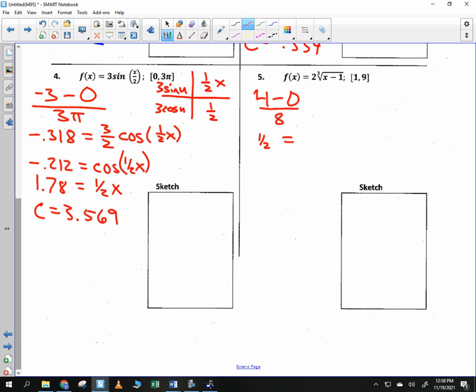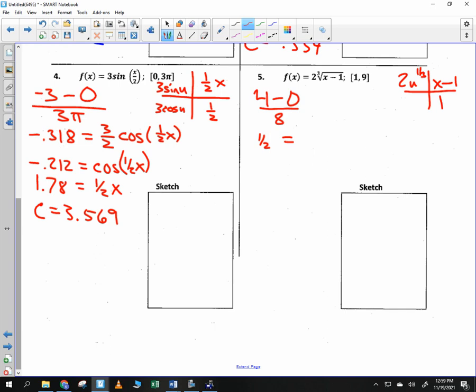What do I have to do with this? Chain rule. How do you want to write the chain rule? Let's start with the inside. What's the inside for the chain rule? x minus 1. So now what's the outside? 2u to the 1/3. Good job. You guys are doing great. Mean value theorem isn't easy, so you're doing a good job.